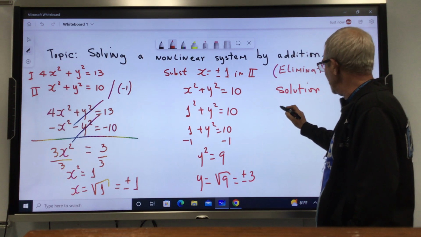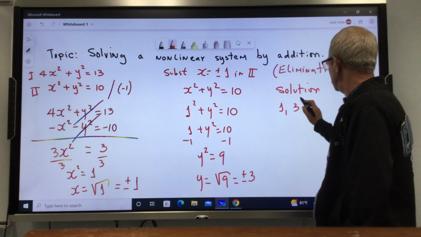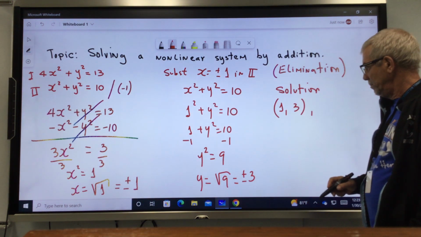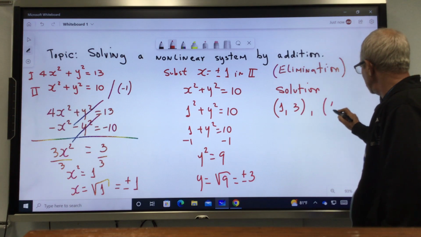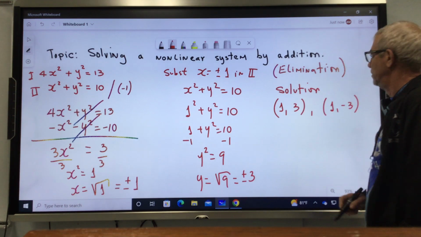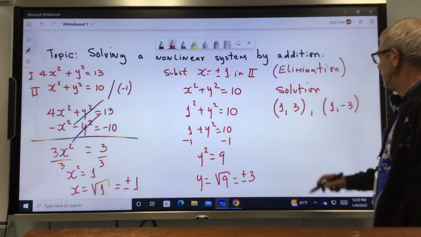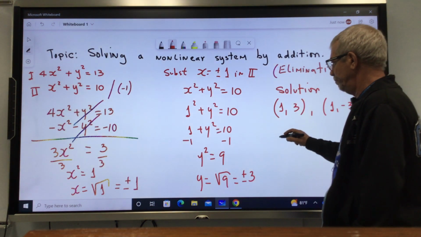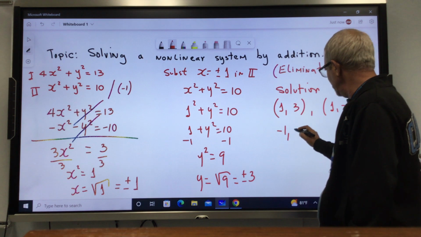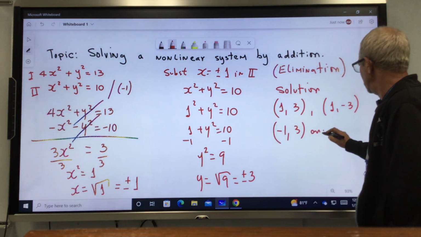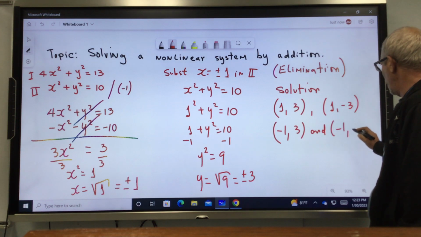The first solution can be 1, 3. The other one can be 1, -3. The other one can be -1, 3 and -1, -3.